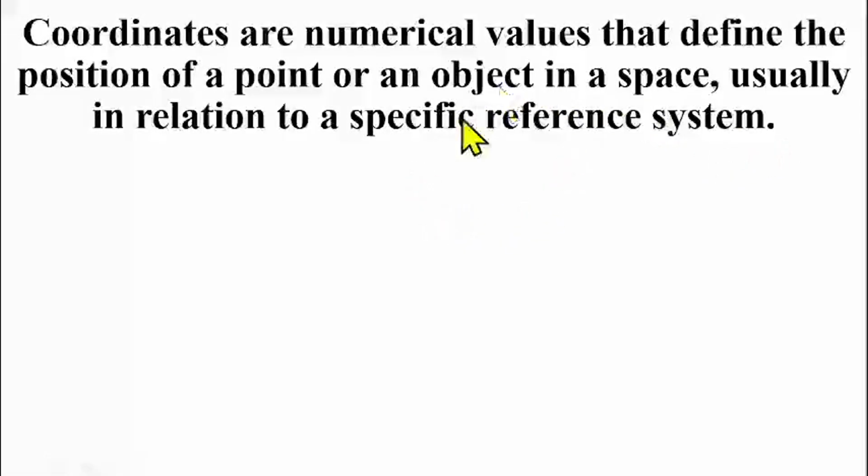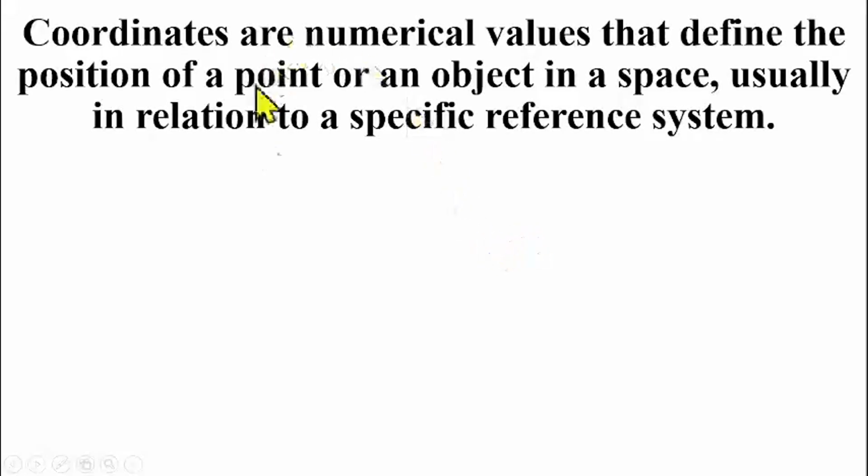So I'm going to be giving you the definition in a layman's way that you could understand easily. When we are talking about coordinates, we are talking about the value of any point or an object in relation to the axis of the graph we are working on.